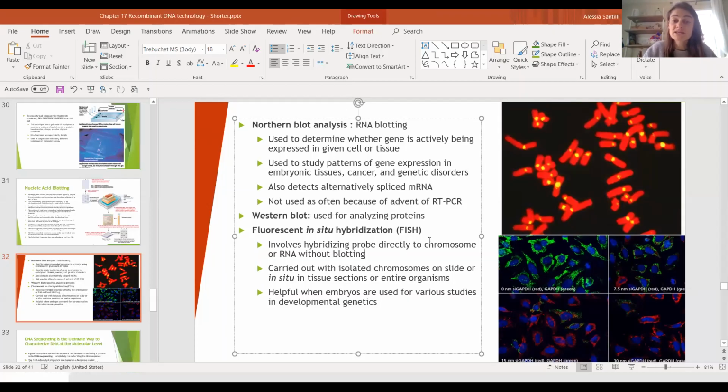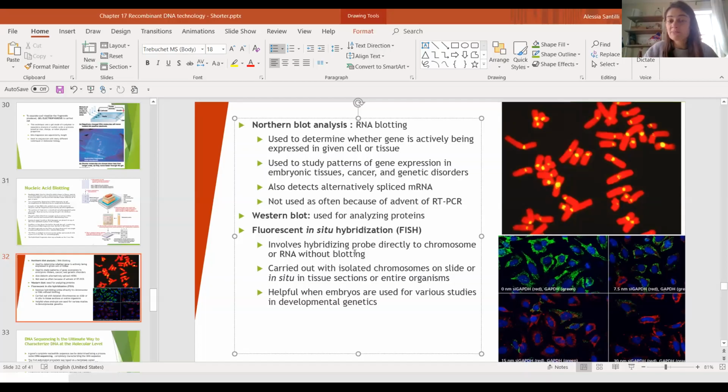Another thing that we do is FISH, or fluorescent in situ hybridization. This basically involves directly putting a probe into the tissue or the cell. So without isolating the DNA or the RNA or the protein first, you could just directly, as in situ means in tissue, while the tissue is still living, like in a little plate with tissue cultures, add the fluorescent probe, the fluorescent tag, and see where it glows.